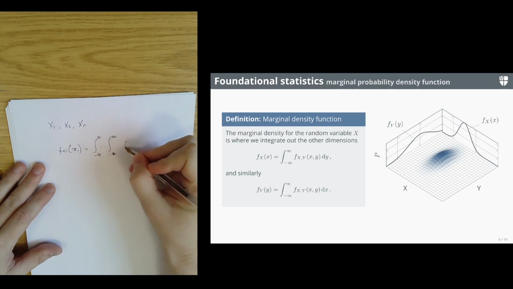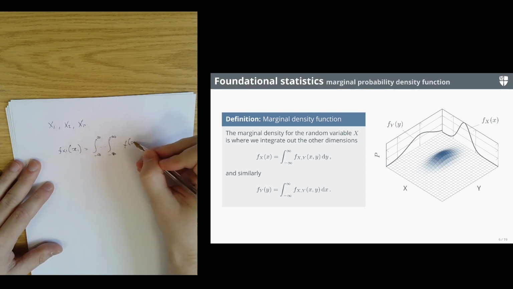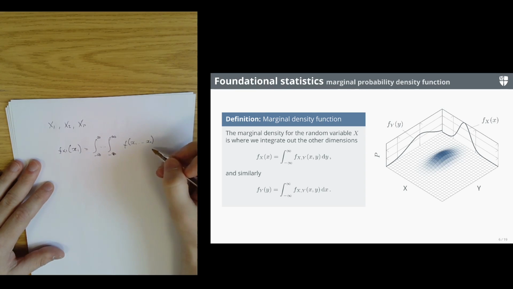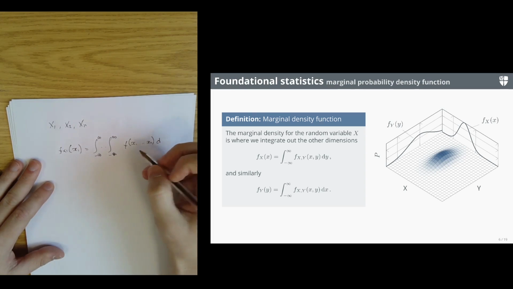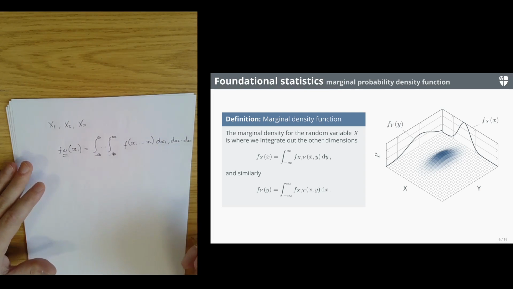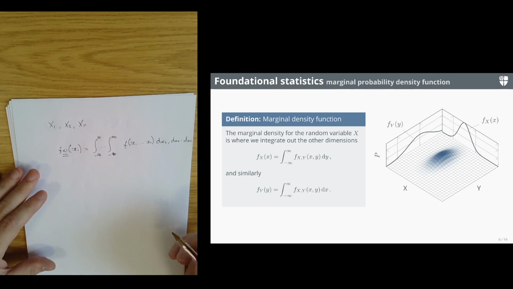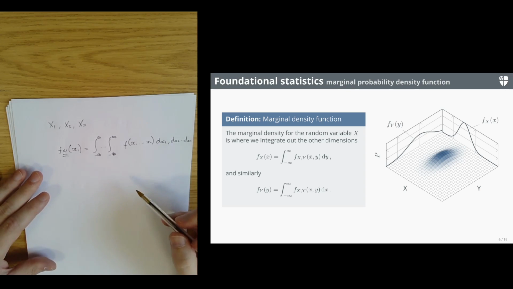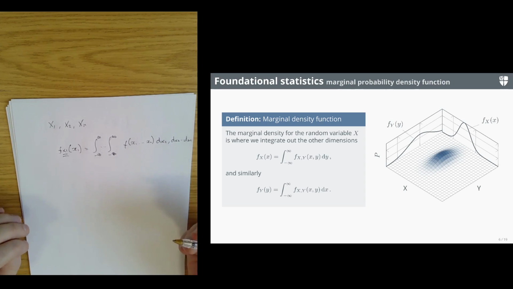And then you have to do this for all of the random variables, x1 all the way up to xn. But this time we only integrate out the other dimensions. So if we're after x1, then we do dx2, dx3, dx4, and so on all the way up to dxn. Therefore we have n-1 integrals over the joint density function to get the marginal distribution of x1 alone.